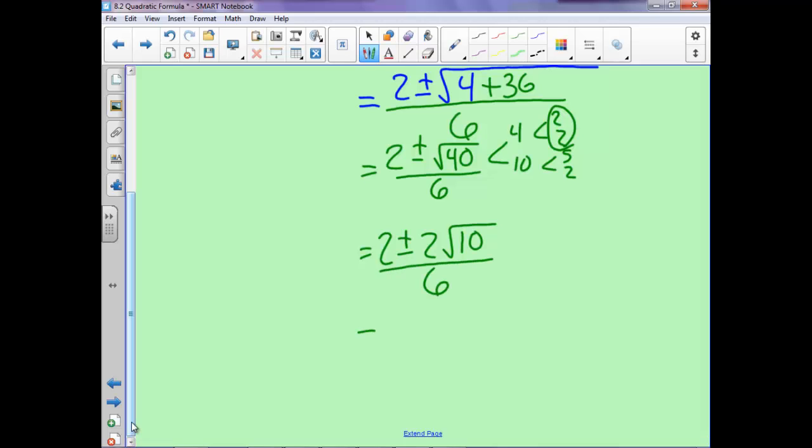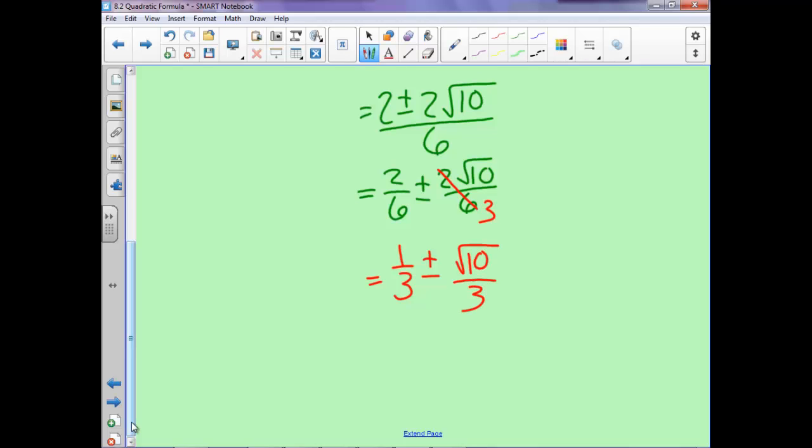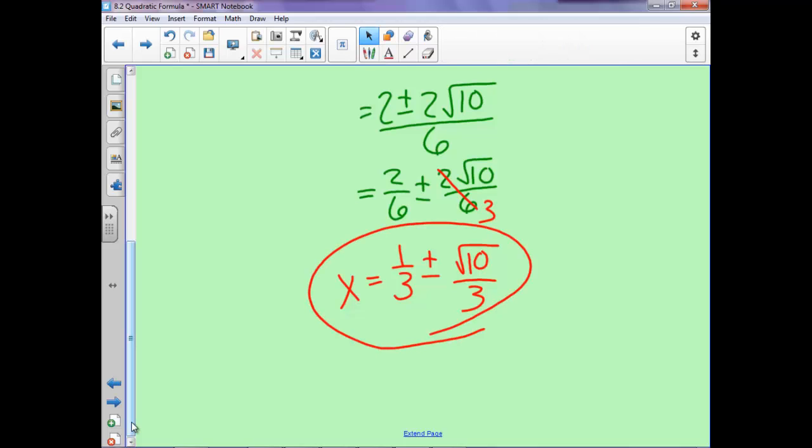And now, remember this is 2 over 6 plus or minus 2 root 10 over 6. We can break this up into two fractions, which is the same thing as 1/3 plus or minus, those will cancel to 3, so root 10 over 3. Since we can't simplify anymore because of that root 10, you can leave it like this.